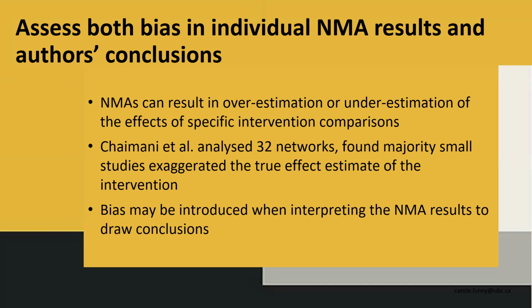I want to give people the benefit of the doubt sometimes. And then ideally, potential biases identified in the results of the NMA might be addressed appropriately when drawing conclusions. So this is like an ideal scenario.